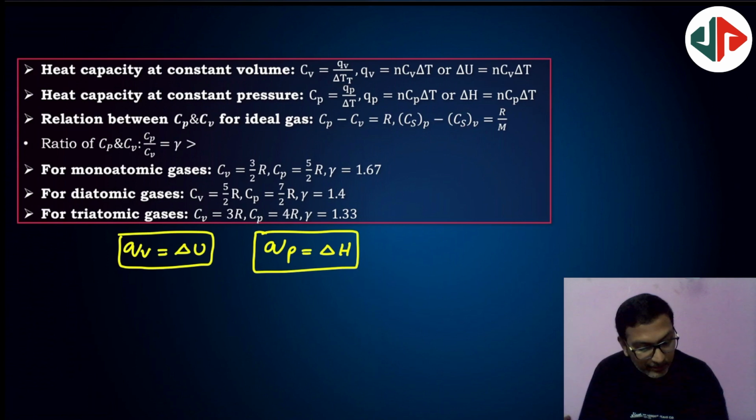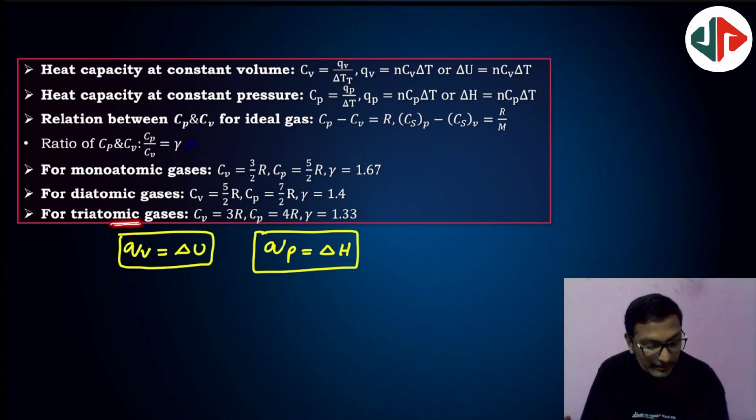Next, the ratio of Cp by Cv is gamma. Gamma is Poisson's ratio. So, for monoatomic gases, the values of Cv and Cp are 3 by 2 R and 5 by 2 R. That is 1.66. Next, for diatomic gases, 5 by 2 R and 7 by 2 R, gamma 1.4.